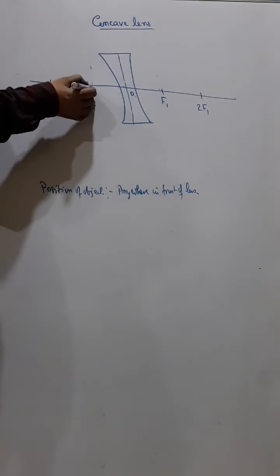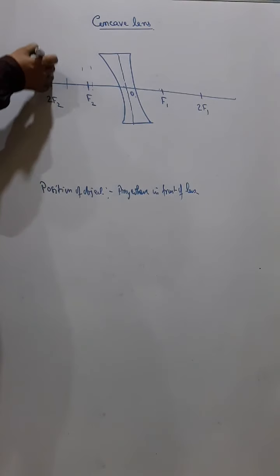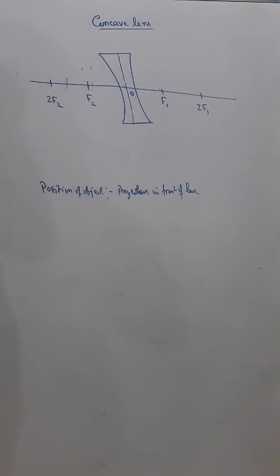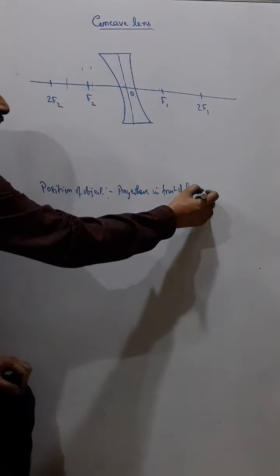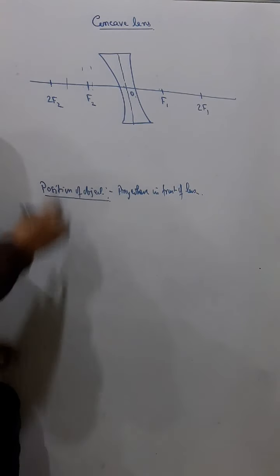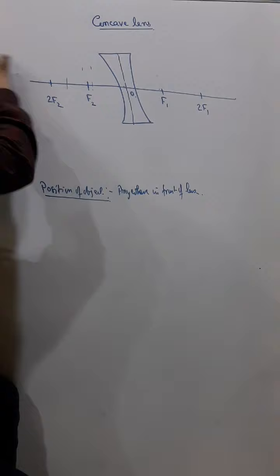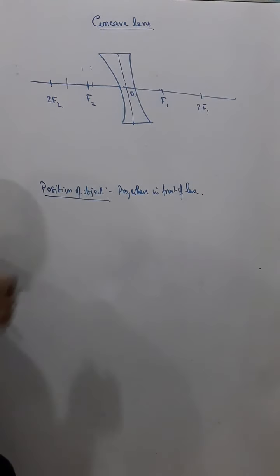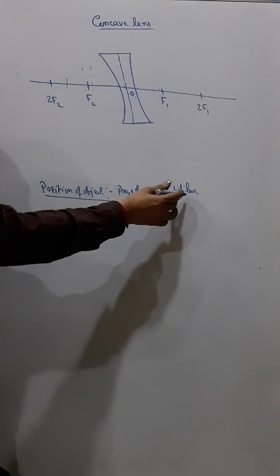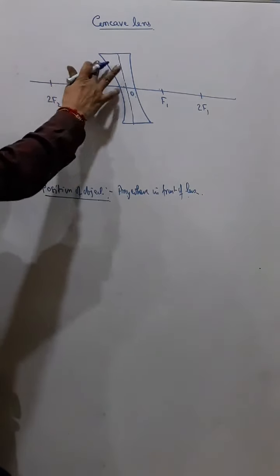It can be here, here, here, or here. So anywhere in front of the lens except infinity. At infinity the object will be at focus, that I will tell you. But here the position of object is anywhere in front of the lens.